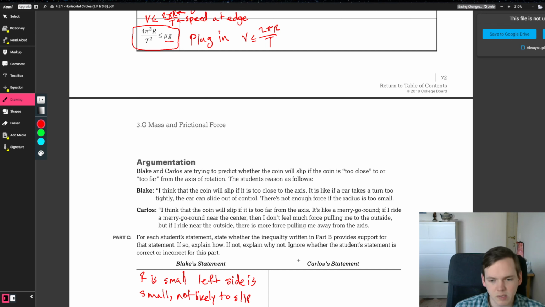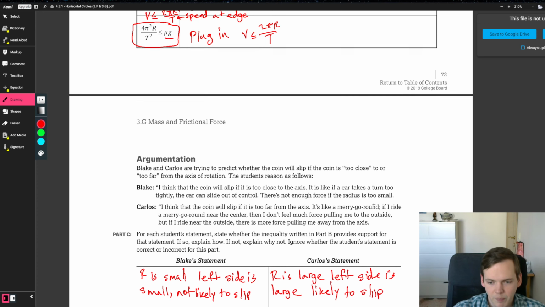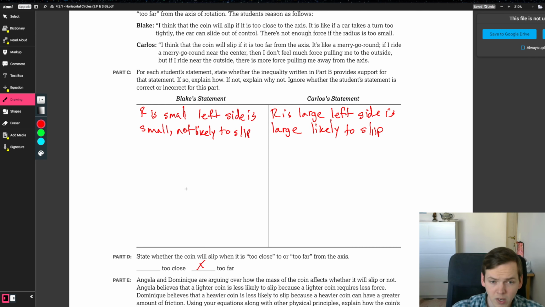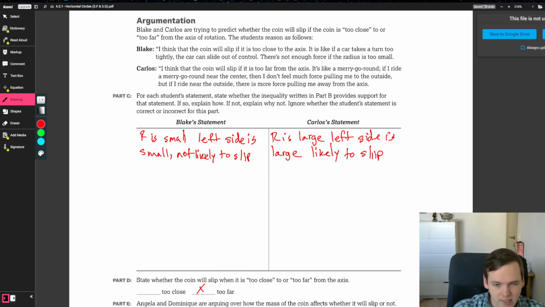So the smaller r is, the less likely it is to happen. And then Carlos is correct that if r is large, the left side is large and likely to slip. So that's the idea there. And so the coin will slip when it's too far, but their reasoning isn't necessarily incorrect.